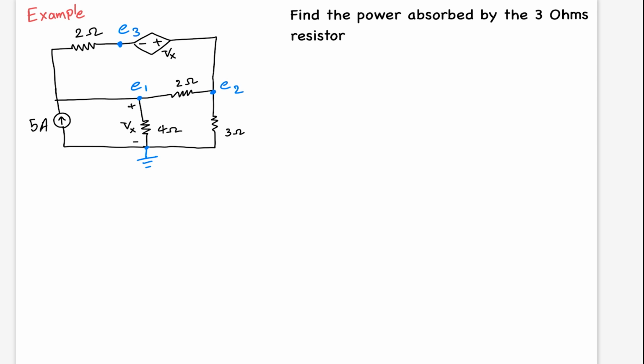Like the previous example, we can see a dependent voltage source between 2 nodes, E3 and E2. So we will consider this part as one supernode. Supernode S. I call it S.